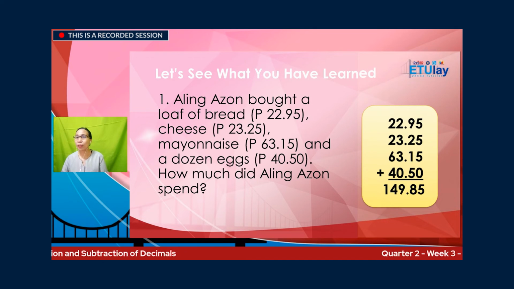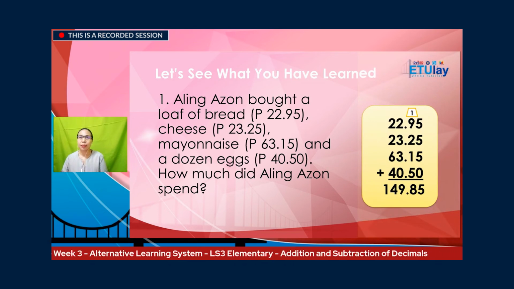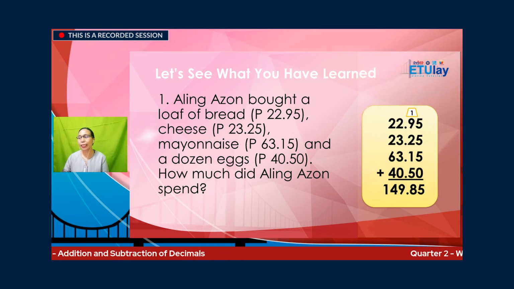How did we get 149.85? First, we have to add 5 plus 5 plus 5. We get 15. Bring down 5, carry 1. Next, 1 plus 9 plus 2 plus 1 plus 5 is 18. Bring down 8, carry 1.